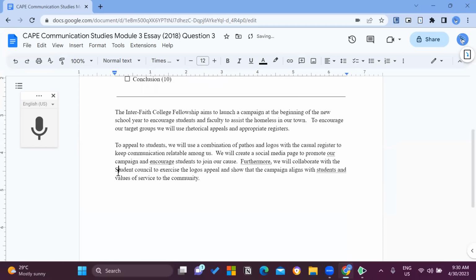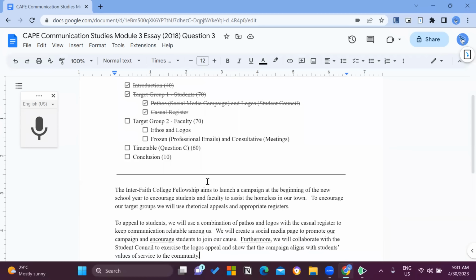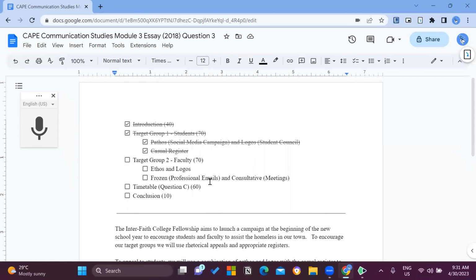I think student council, let's just put that for now in caps, because I don't want to name the student council and I want that to be proper, to exercise the logos appeal and show that the campaign aligns with students' values of service to the community. So that's my first target group and how I intend on going about this campaign with regards to them.